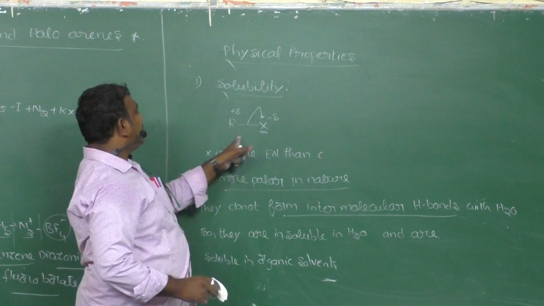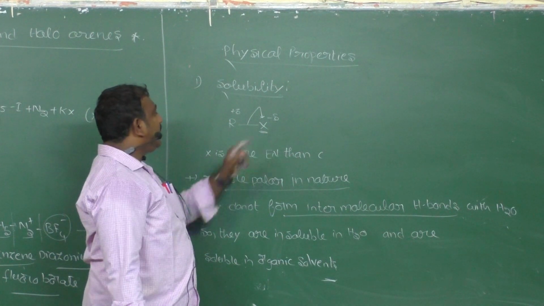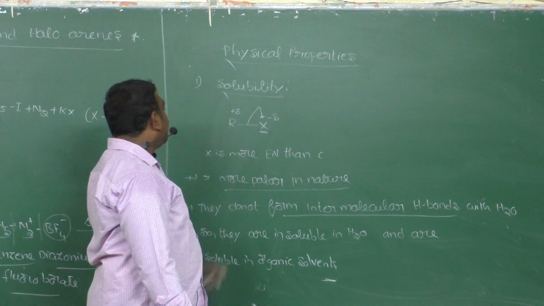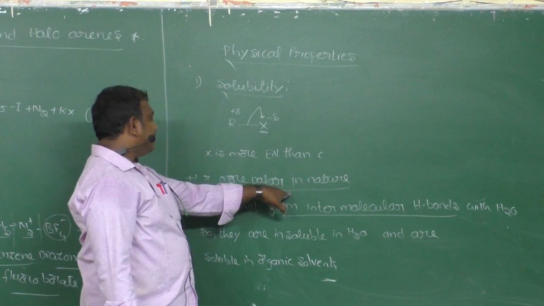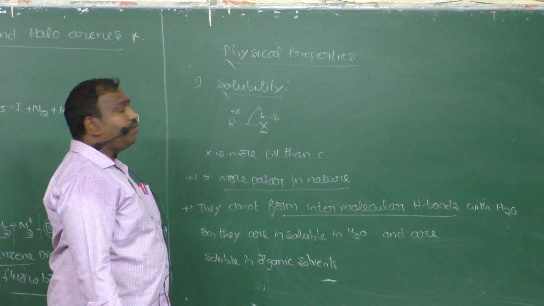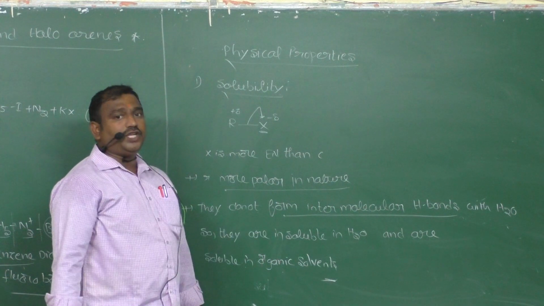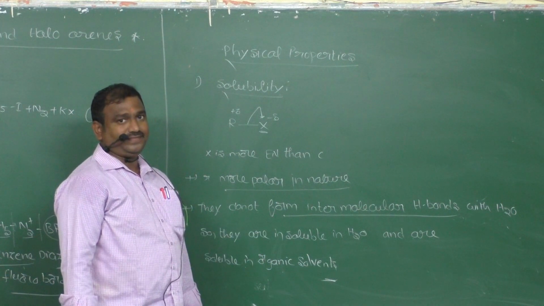Due to the large difference between carbon and halogen atoms in alkyl halide, they are more polar in nature, and they don't form intermolecular hydrogen bonds with water. That's why they are insoluble in water and are soluble in organic solvents.